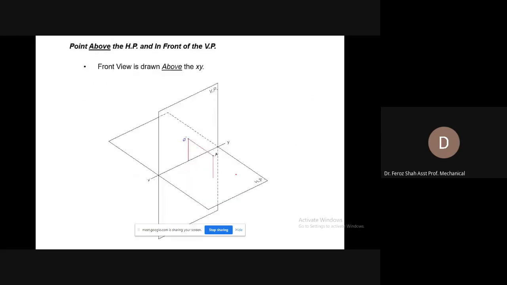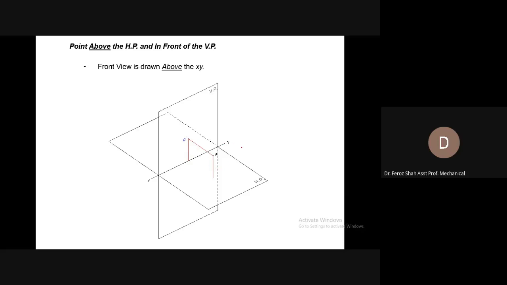So let us examine the two principal planes of projections. We can have a third one as well, that would be called a profile plane or the side plane. But for now, let's examine the two planes.